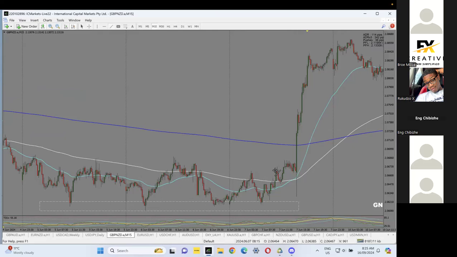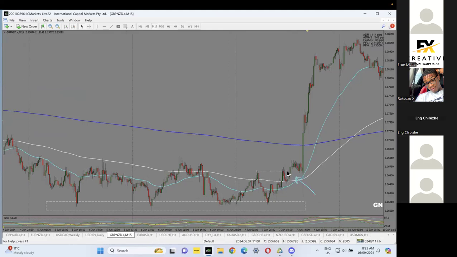And remember what I said, why I'll not take the ID50. This is your ID50 here, but they respected the high. So the only way I will take this one, which is the wick and these candles here, is because they broke the high here.